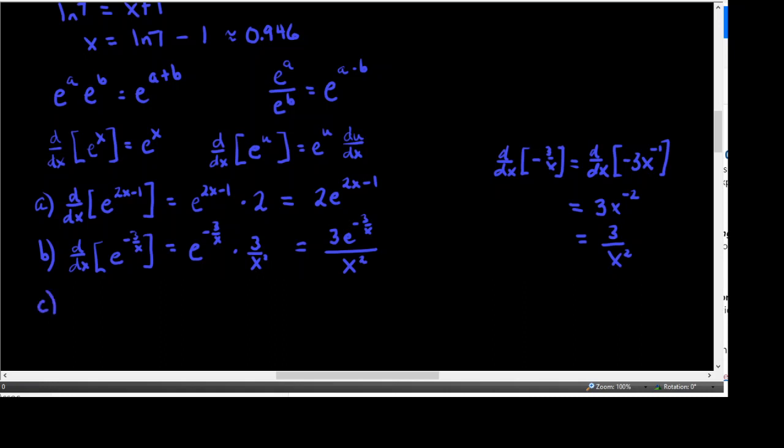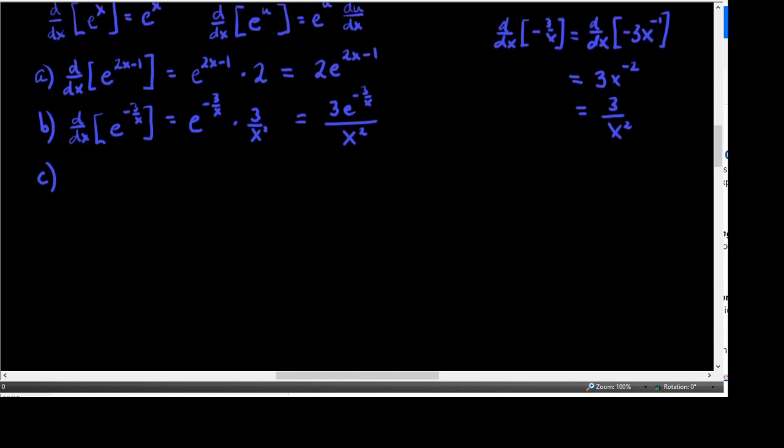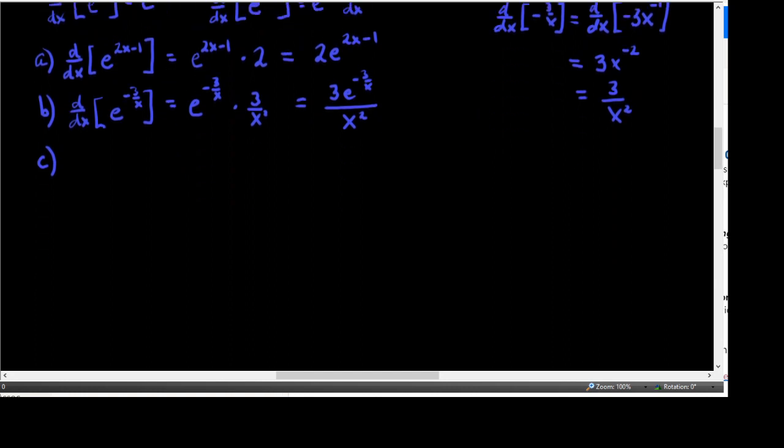Part C. Of course, I think the chain rule part of this is probably the most difficult part because otherwise this is like a no-brainer, easy peasy. Whenever we have products, the product rule and the quotient rule, and any other rule we've talked about for derivatives will come into play. So this is the product of two functions. The derivative is the first function times the derivative of the second.